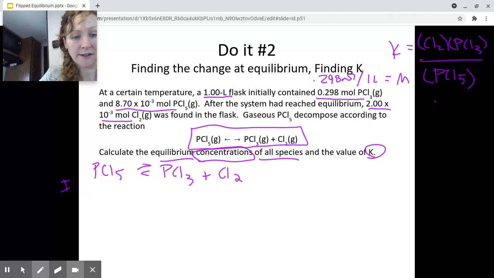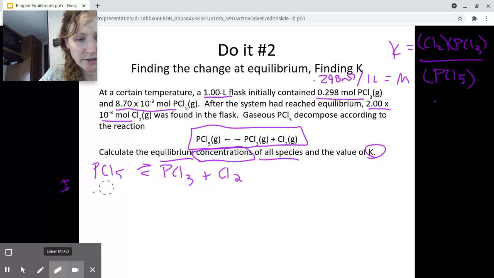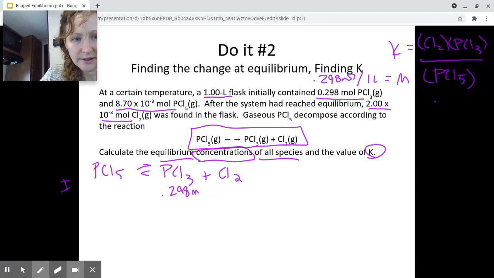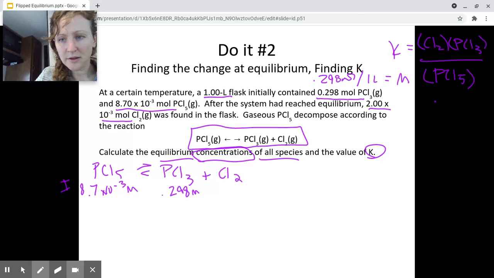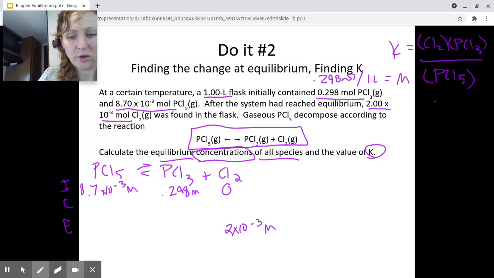So I'm going to do that. 0.298 molar. Oh, that's PCl3. All right, and none of this. After the system had reached equilibrium, they tell us that 2 times 10 to the negative third molar was reached.